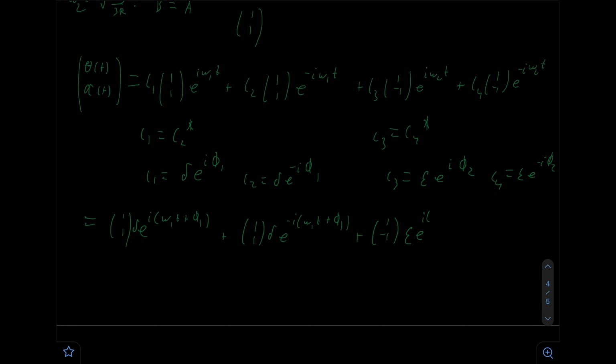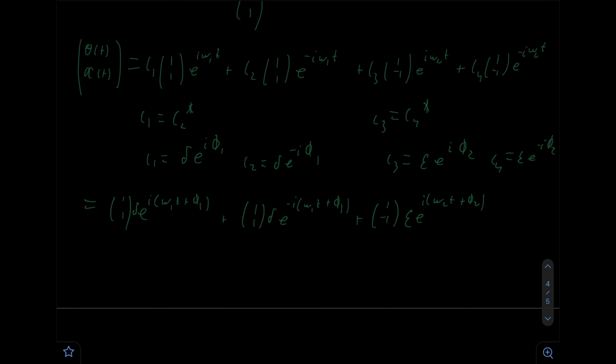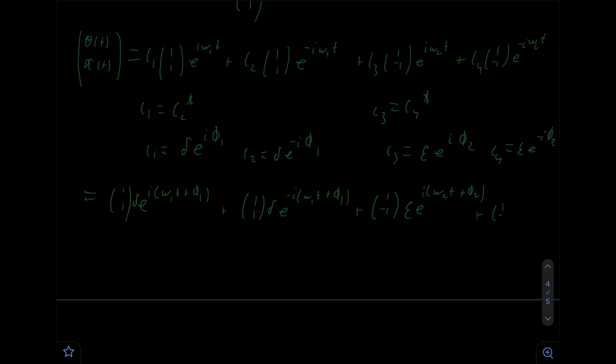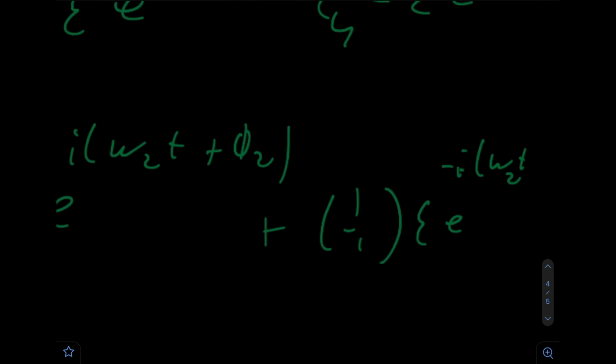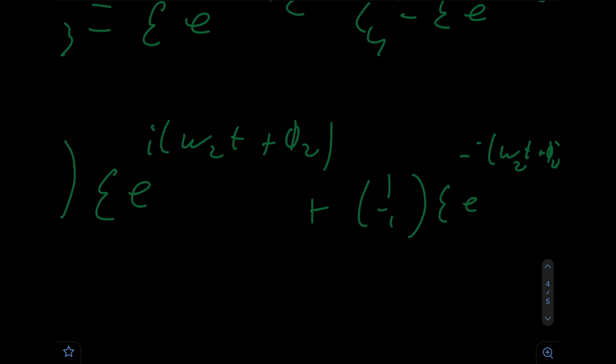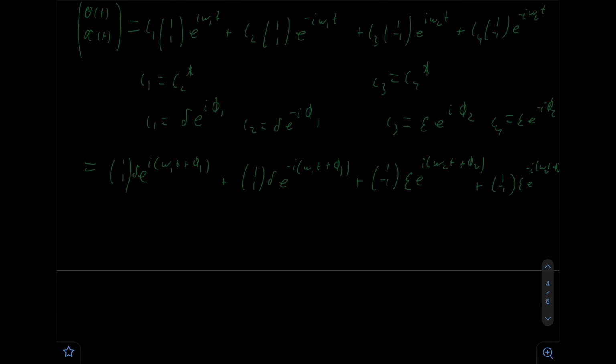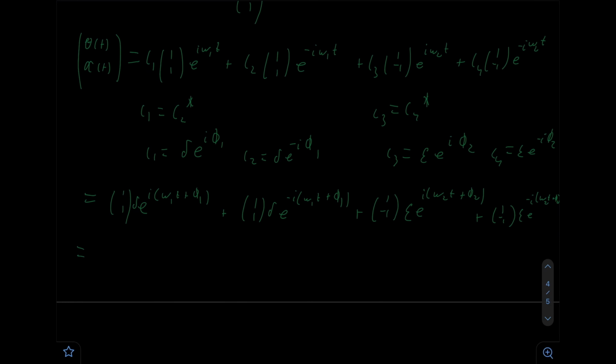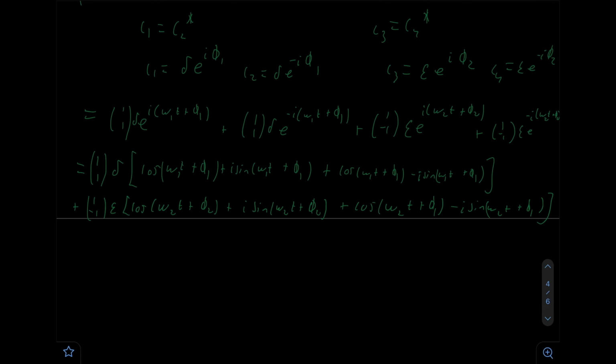Okay, so we have omega 2 t plus phi 2, and the same thing, omega 2 t plus phi 2. Okay, Euler's formula.